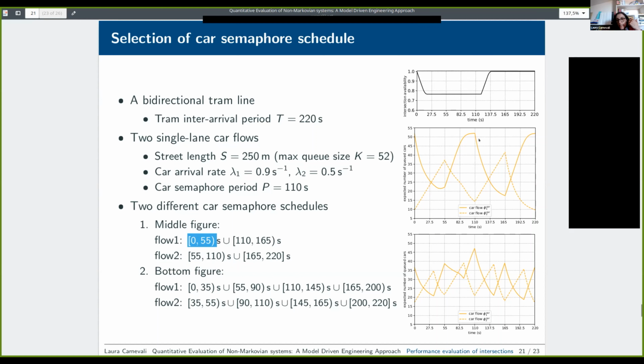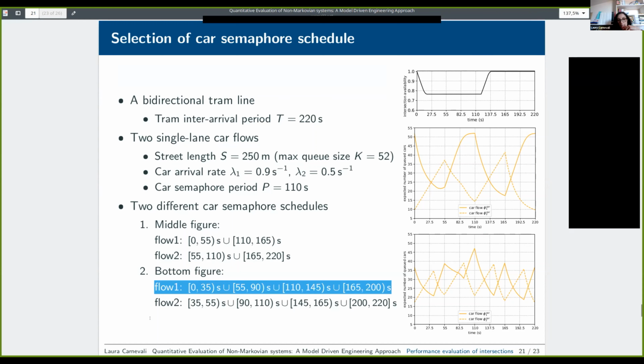And so we can see that the expected number of queued cars reaches significant peaks, especially for the car flow that has larger arrival rate. So in the bottom figure, we have a different schedule where we divide the hyper period in a different way. And so we assign the two car flows shorter green intervals.